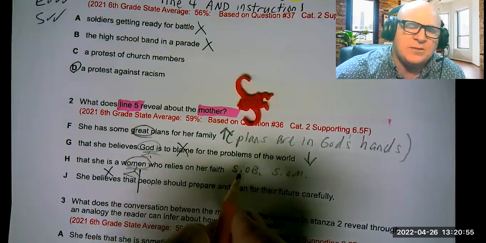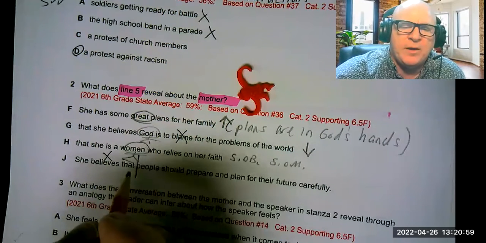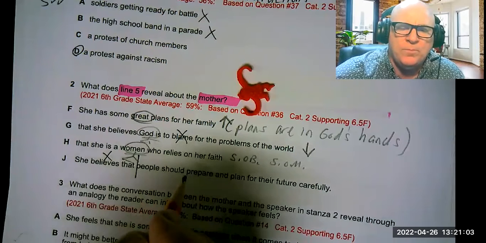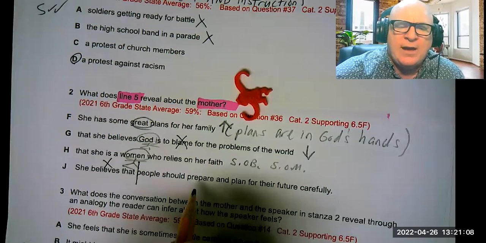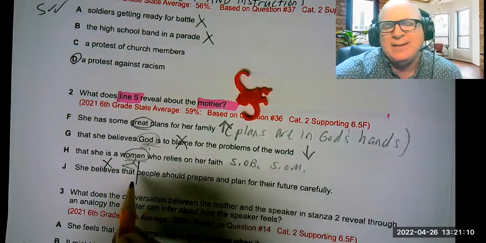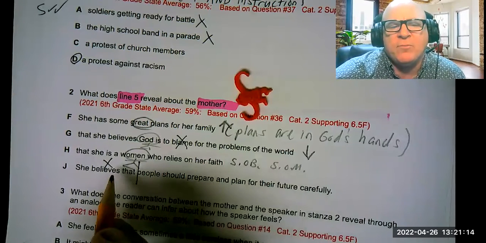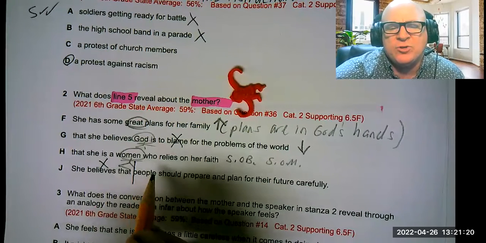The last one says that she believes that. Let's see what she believes. People should prepare and plan for their future accordingly. Now, that part is true, but the part that makes it untrue is that we have to make sure that those beliefs, that state of being or state of mind, is coming from her head, not just our heads, because we all believe that people should plan for the future accordingly.